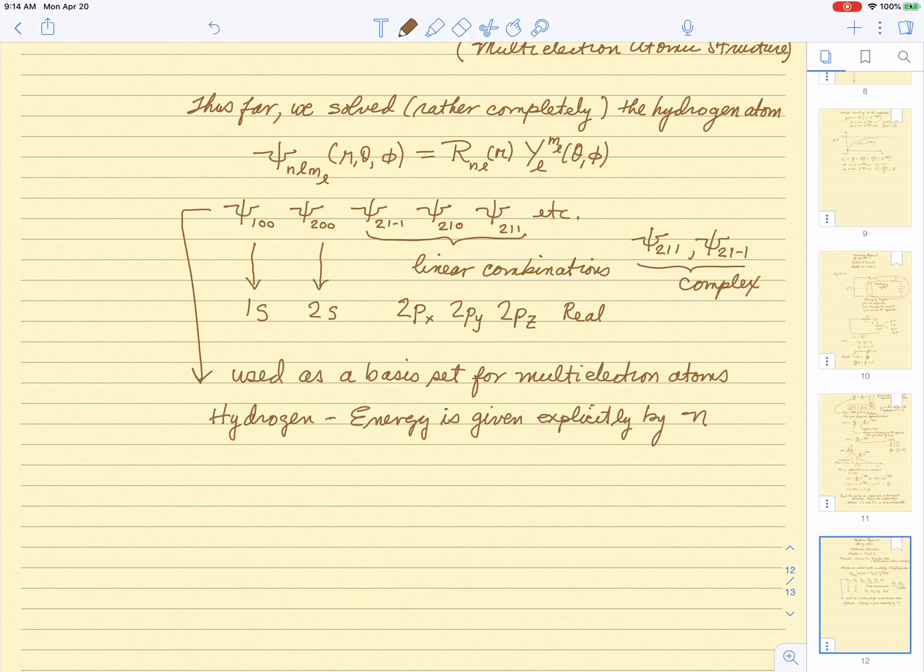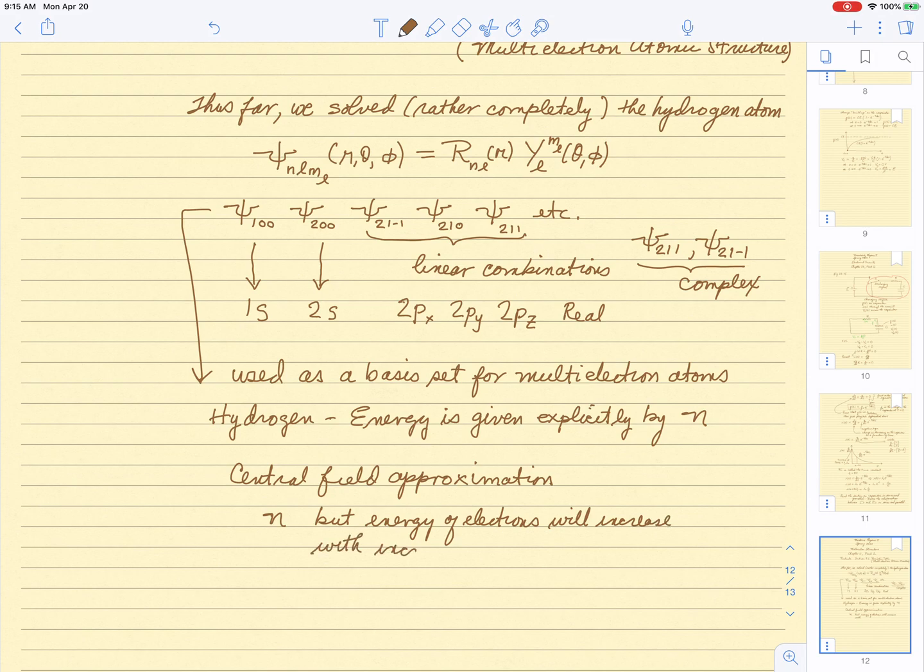But needless to say, when we move into what is called the central field approximation, energy is still given primarily by the principal quantum number n, but the energy of electrons will increase with increasing L. We know in the hydrogen atom that's not the case, but that is the case for multi-electron systems.